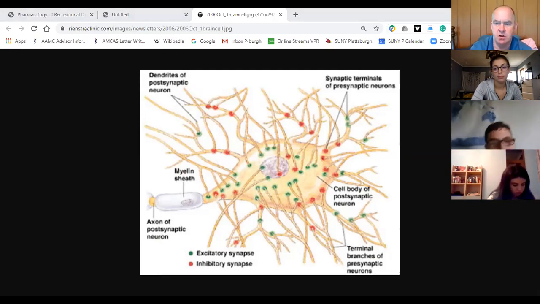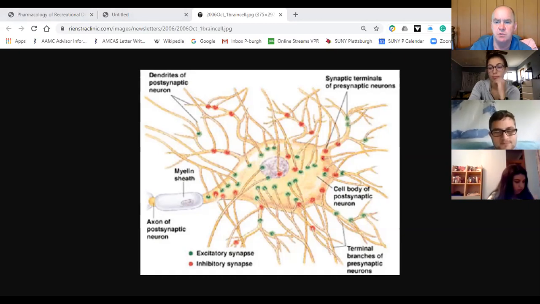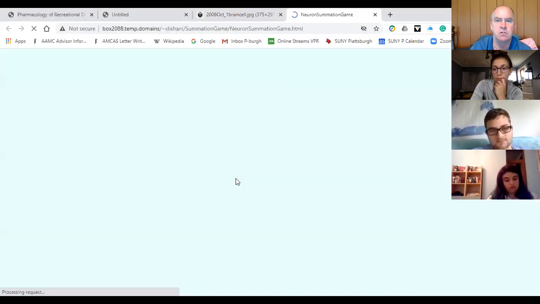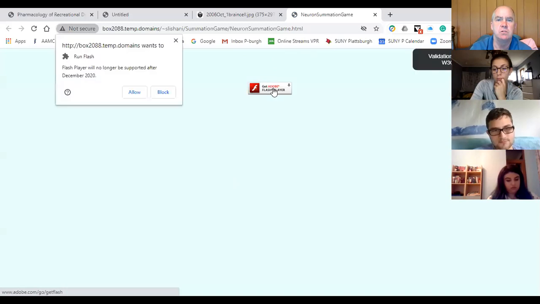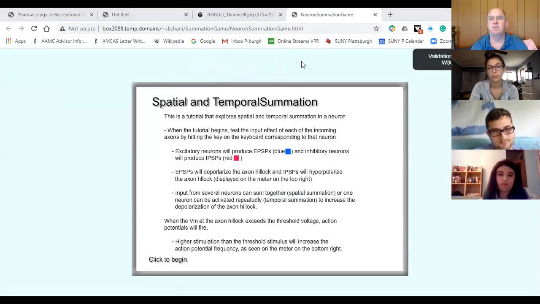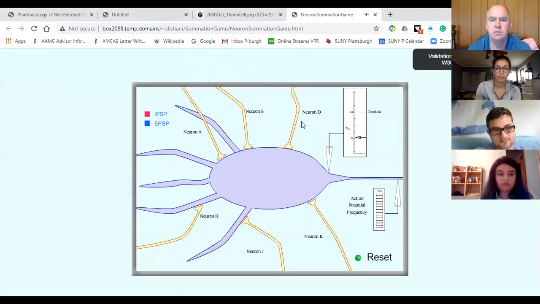Okay. So this is something that seemed really silly last time, but maybe it'll make more sense if we watch it now. Okay, can you guys see the spatial and temporal summation? You can see my Google Chrome? You guys are seeing this neuron thing again? Yes, okay. So that is an IPSP.